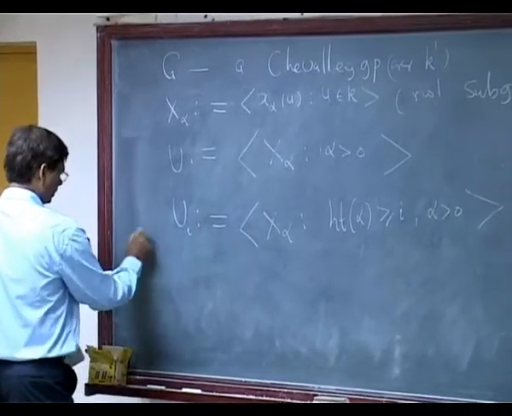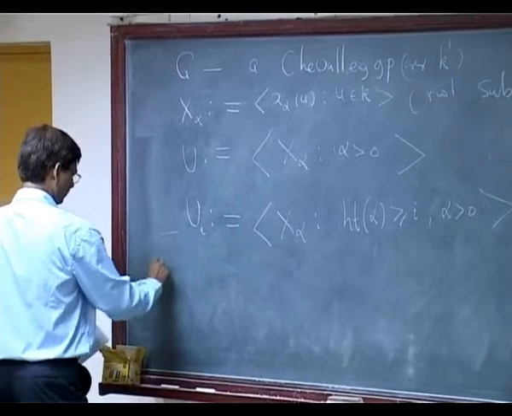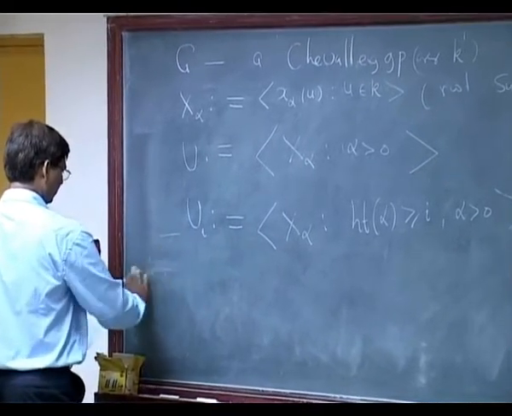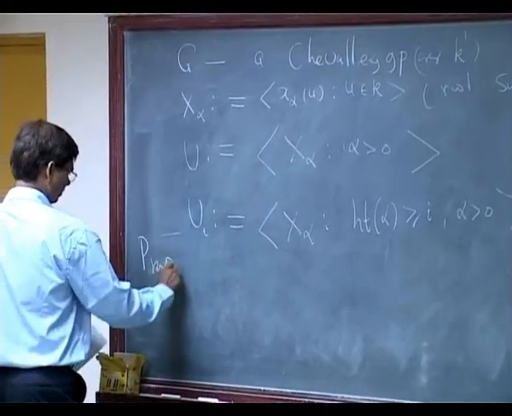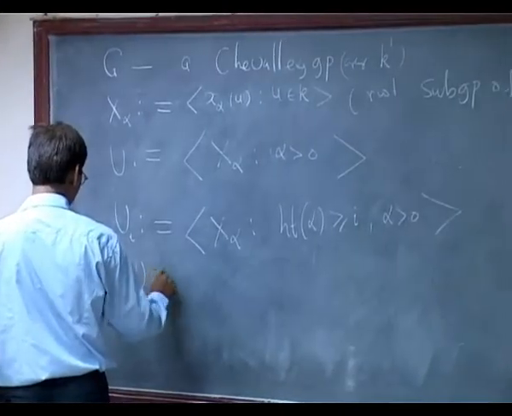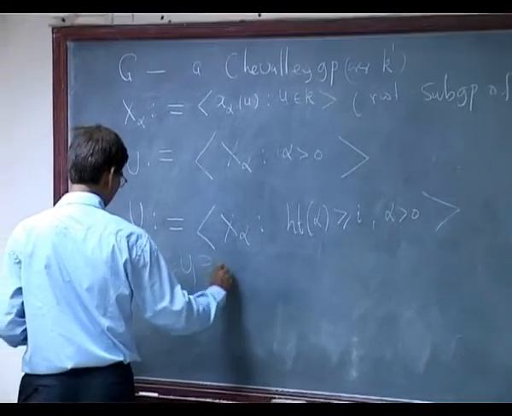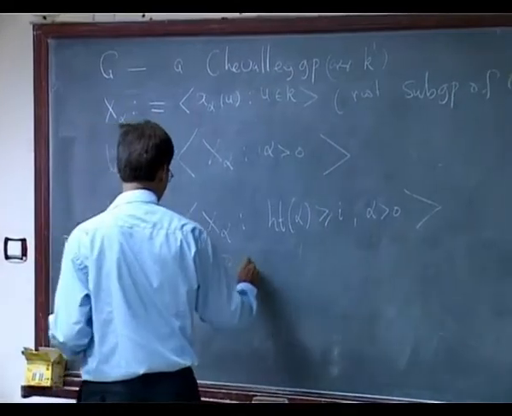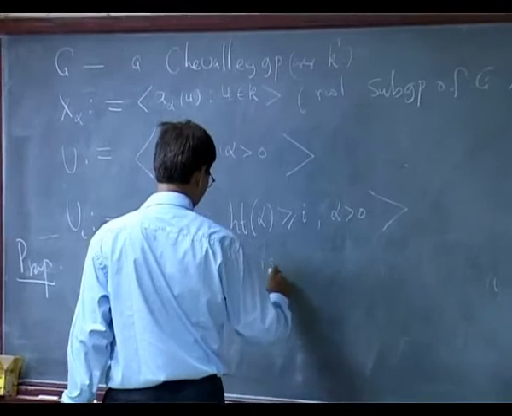Proposition. First, you have a central series: U equals U1, contained in U2, and so on, is a central series.